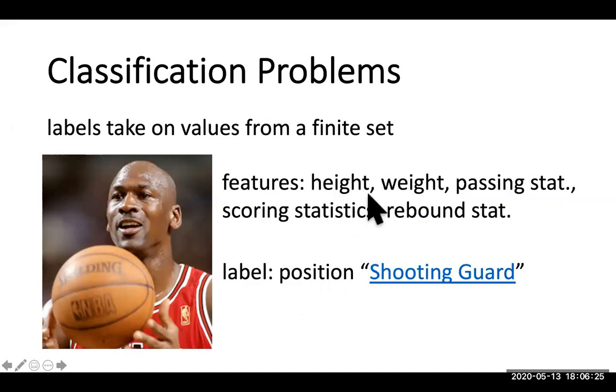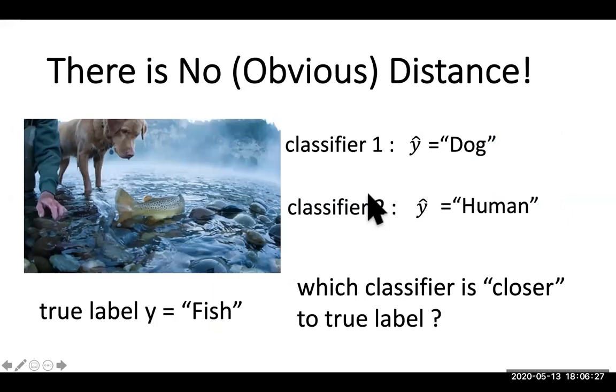In contrast to regression problems, which we talked about on Monday in our previous lecture, there's no obvious distance measure that allows us to compare different label values. Let's say I have another classification problem. For example, I want to find out what object is on an image.